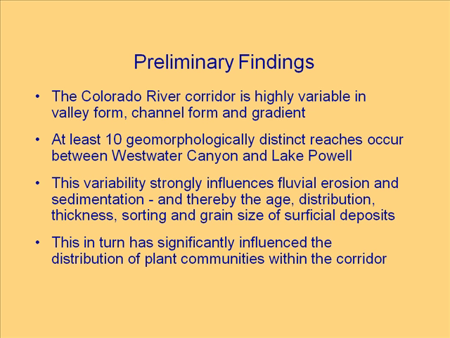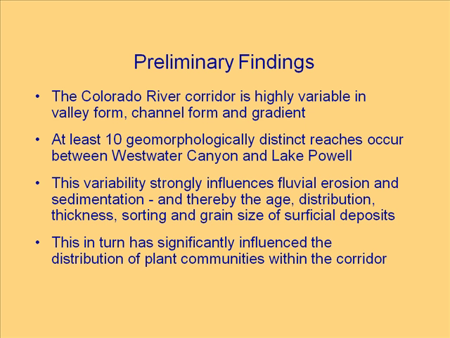And in this particular case, there's at least 10, perhaps as many as 12 or 15 different discrete reaches down the river, which have very different characteristics geologically and also in terms of sediment movement through the system. And of course, this is what is strongly influencing the distribution of riparian vegetation.